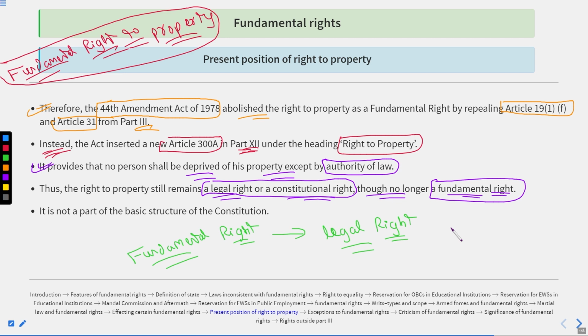It is not a part of the basic structure of the Constitution, so that it could be amended easily.